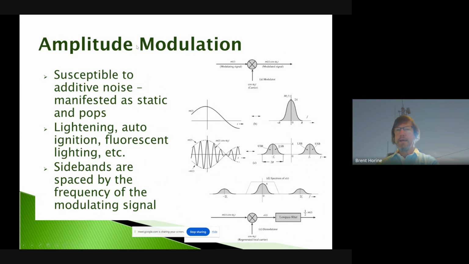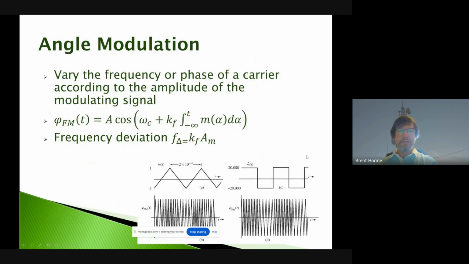So AM modulation is very susceptible to this additive noise. Also note that the sidebands here are directly related to the frequency of the modulating signal. We'll compare that to angle modulation or FM modulation, which we'll talk about on Friday.